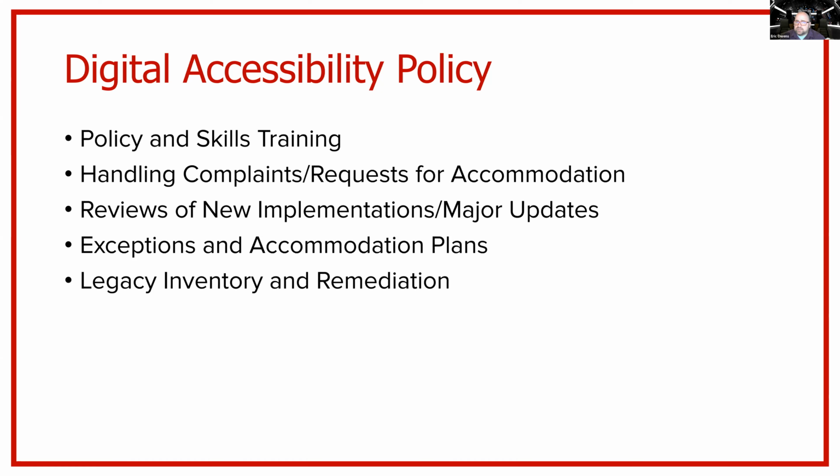The other thing we're doing is that anytime anyone has a quote unquote new implementation or major upgrade of some kind of digital information service or application, we have to review that for accessibility. The idea here is that we know we've done lots of things online over the years that are inaccessible, and we're going to work on getting to those.